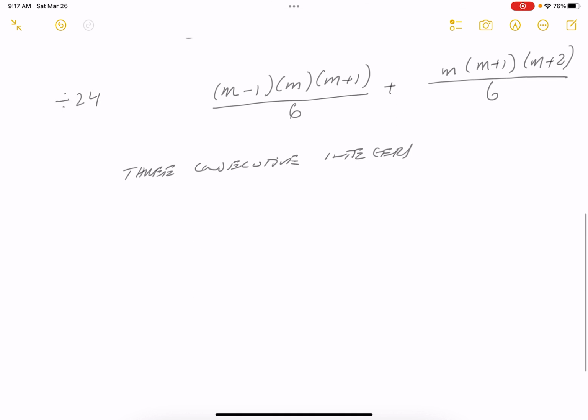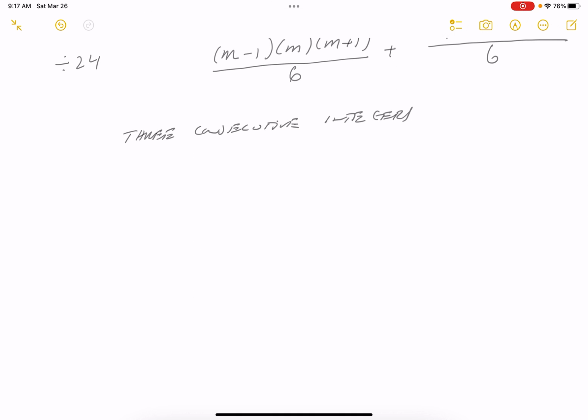Let's just write this down. 1, 2, 3. Definitely divisible by 2 and 3. Let's do the next one. 2, 3, 4. Definitely divisible by 2 and 3. I think you get the idea. 3, 4, 5. Definitely divisible by 3, definitely divisible by 2.